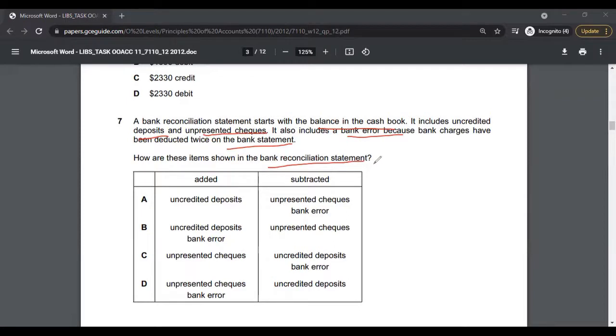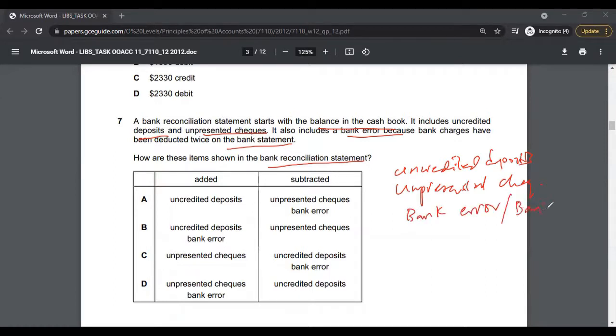Basically this question is asking how you would account for uncredited deposits, unpresented checks, and the bank error, the bank charges.